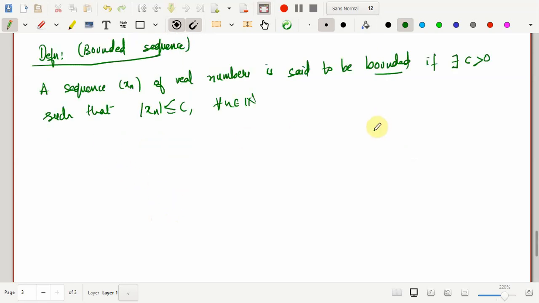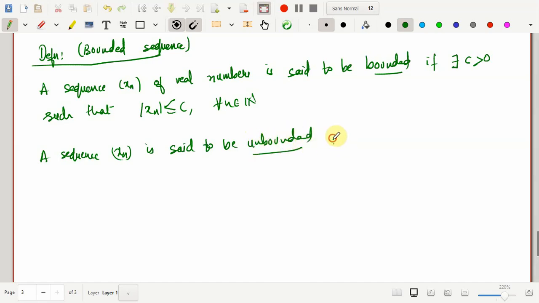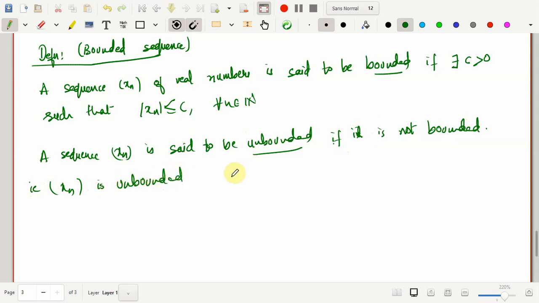A sequence which is not bounded is said to be unbounded. A sequence xn is said to be unbounded if it is not bounded. What that means is that I am not able to produce such a positive C such that this is true.